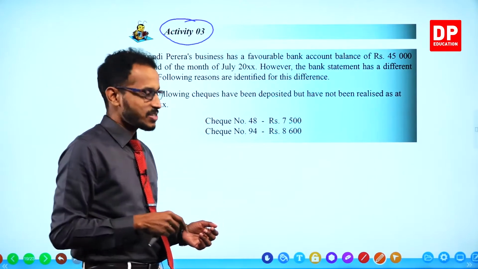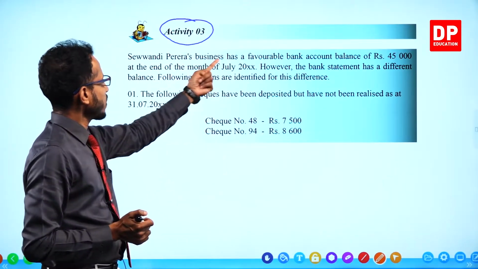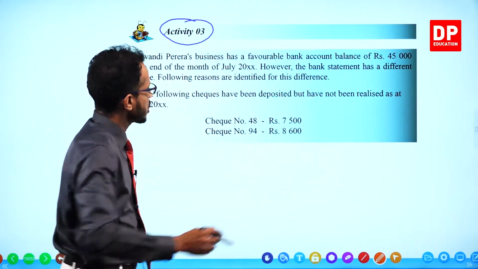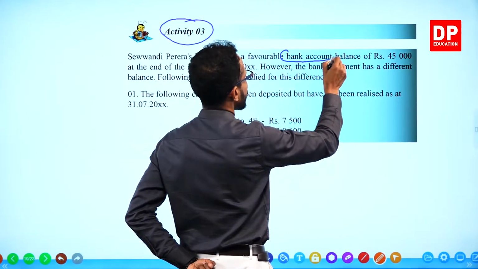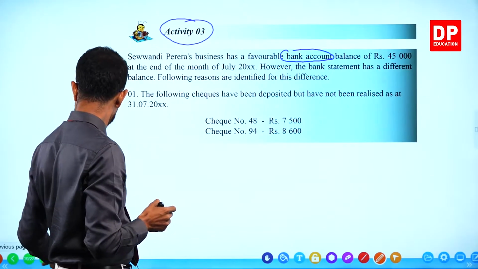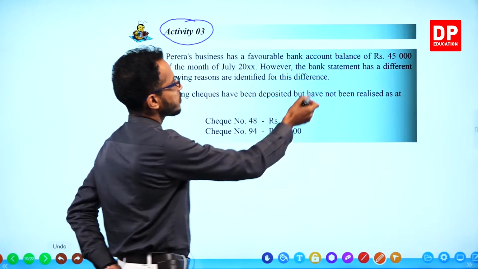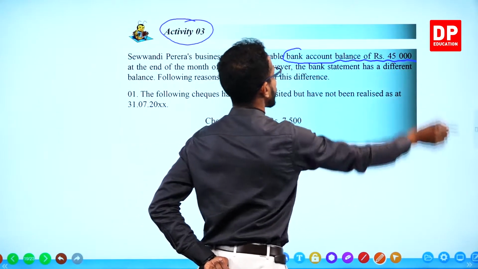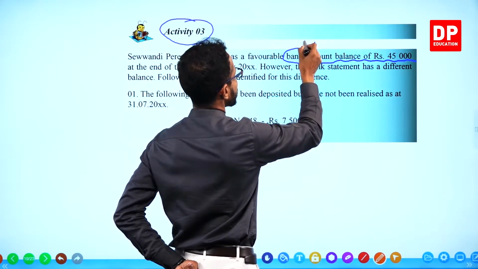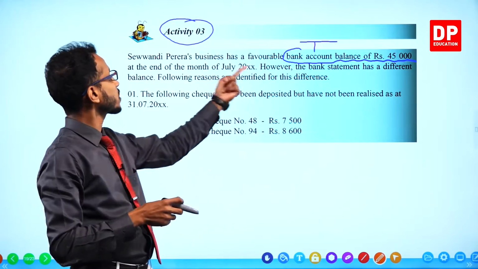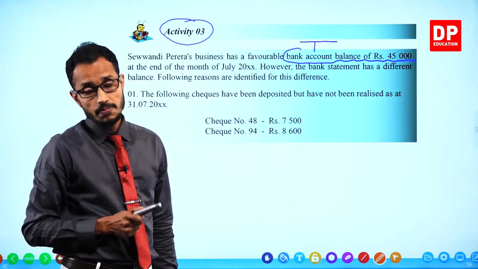Alright, let's go. Sevandi Pereira's business has a favorable bank account balance of 45,000. Children, this is the bank account balance. This is our business bank account balance, and it is a favorable balance.